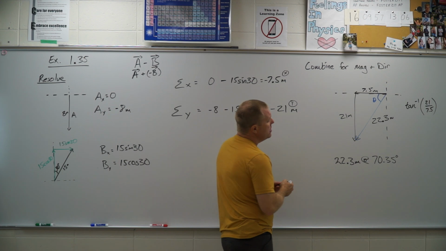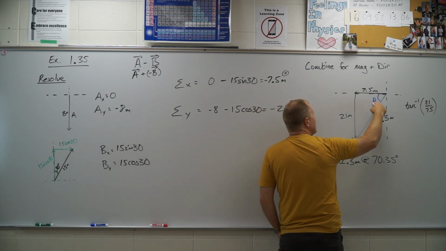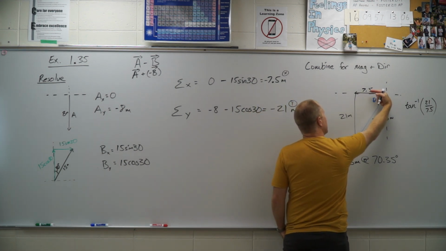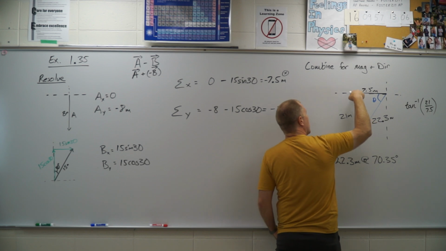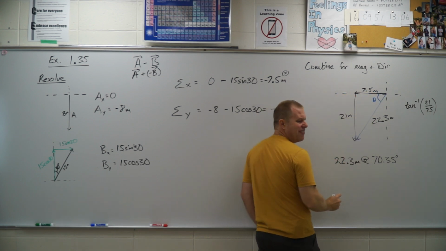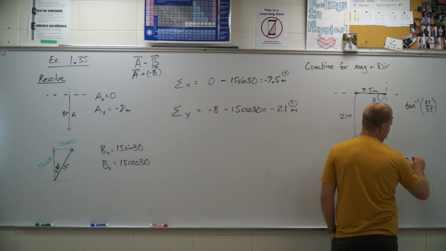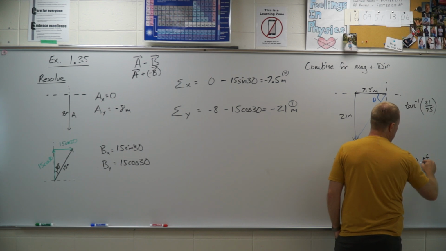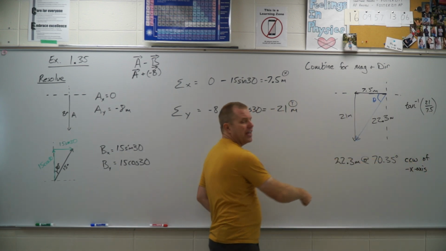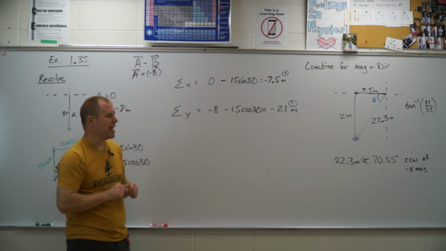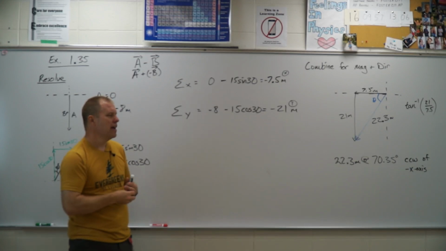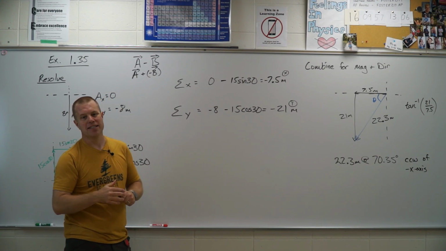So I say, okay, this angle is counterclockwise of this axis, which is my negative x-axis. And so that is my full answer there: 22.3 meters at 70.35 degrees, counterclockwise of the negative x-axis.